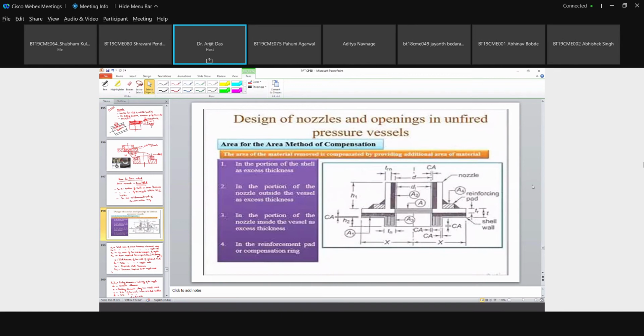What is the dimension H1? What is the thickness of the cell? What is the thickness of the nozzle, like this? What is the diameter?